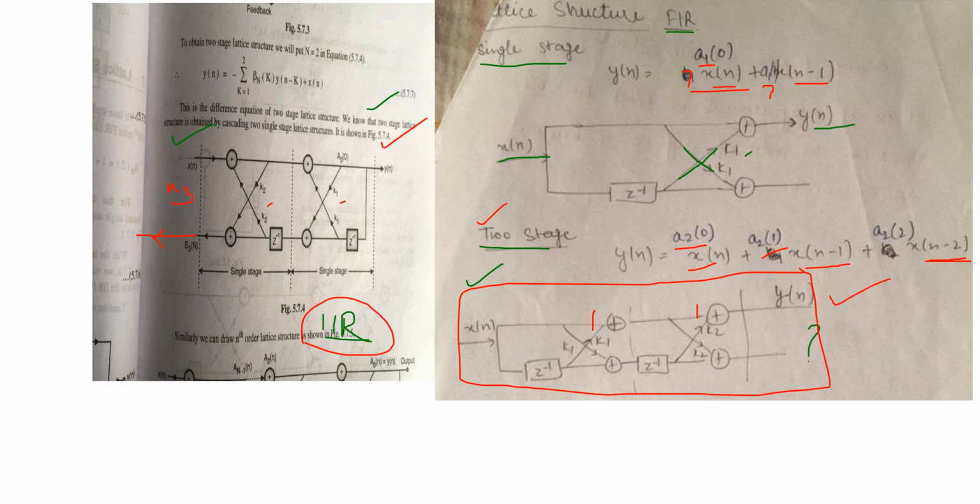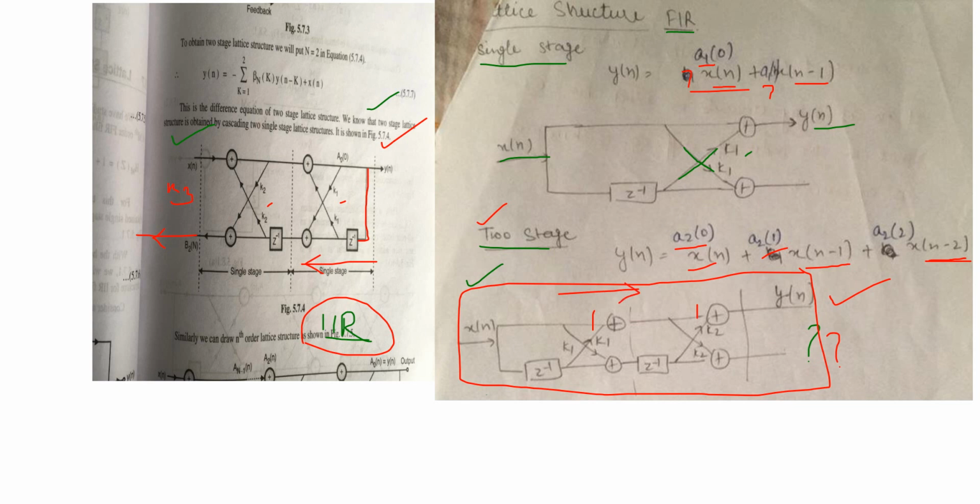The difference in the diagram is that in the IIR filter you have a feedback signal but in the FIR there is no feedback signal and the direction of arrow is changed. For the IIR filter the signal will go from output to the input but in the FIR filter the signal will go from input to the output.